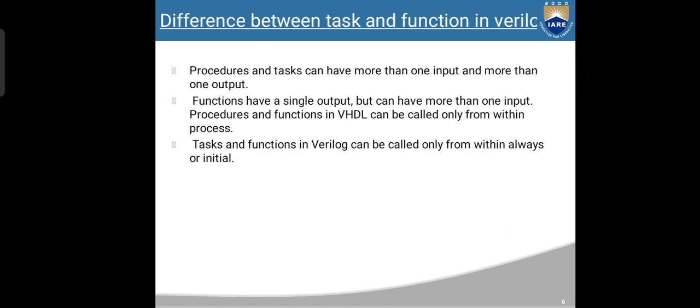Differences between task and function in Verilog. Procedures and tasks can have more than one input and more than one output. Functions have a single output but can have more than one input.